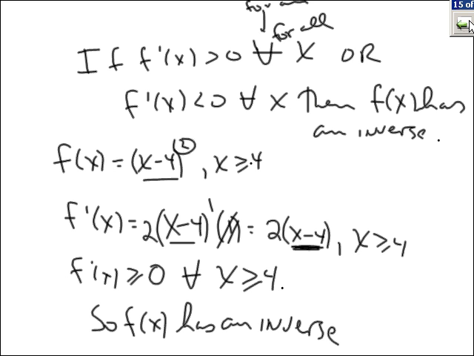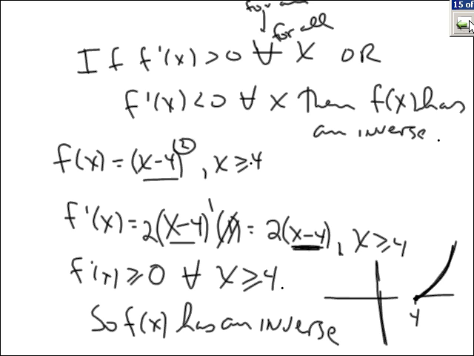To verify, x minus 4 squared looks like this. That function doesn't have an inverse because it's going to fail the horizontal line test. But I'm only taking into account the x values that are bigger than or equal to 4.